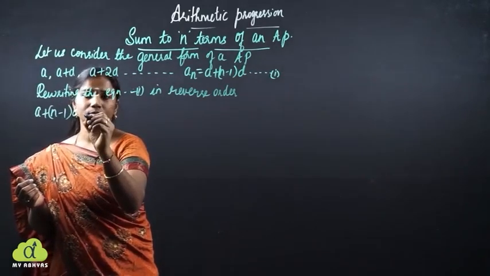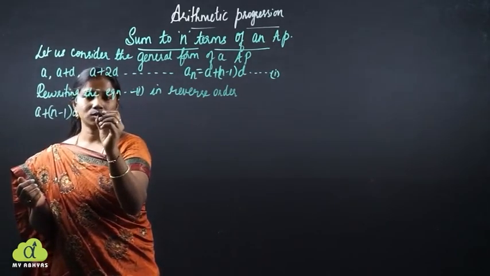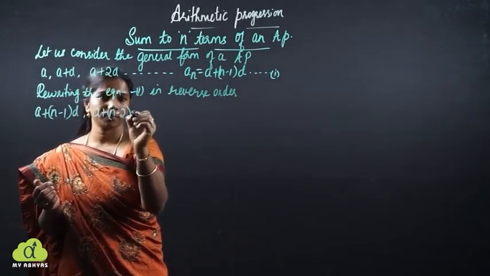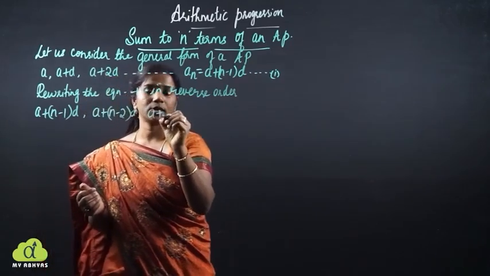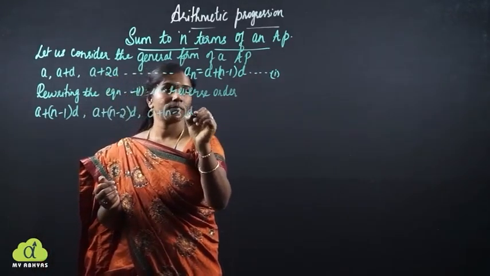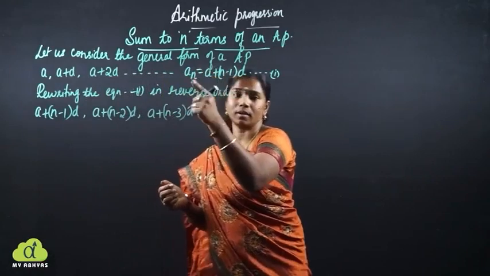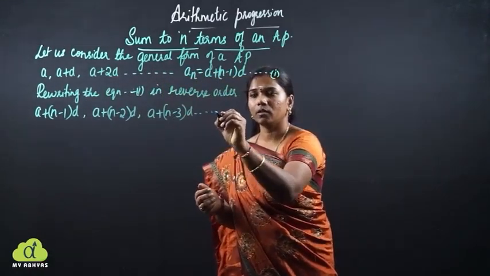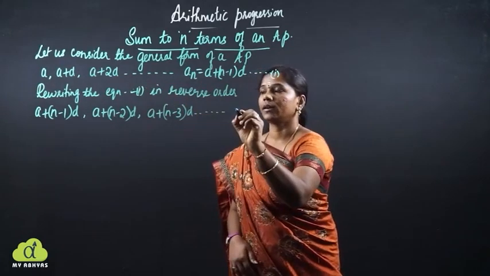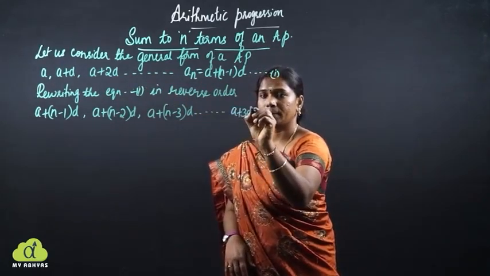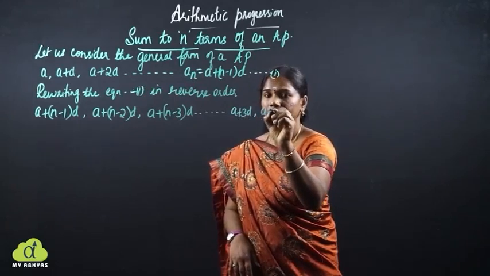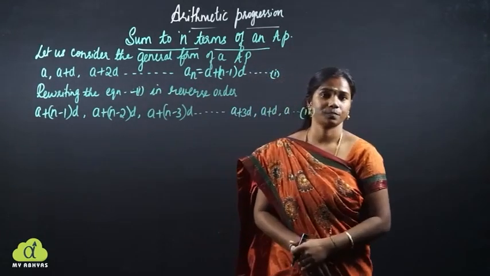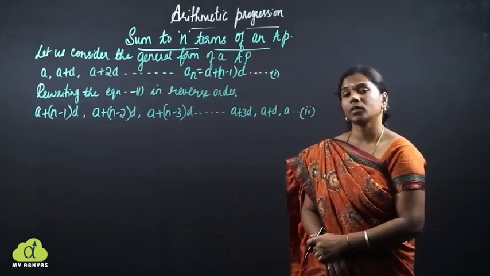Before that, a plus n minus 2 into d, before that, a plus n minus 3 into d, that is, one less each time, and so on, till we reach the first term: a plus 3d, a plus d, a. This is equation number 2. Is it clear to you?